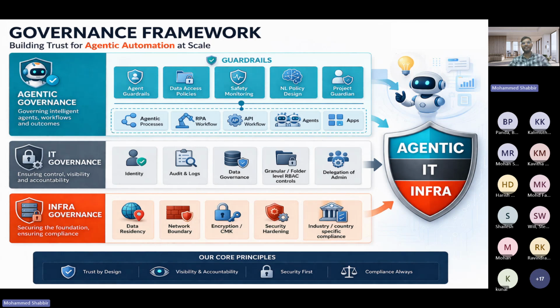Without it, all of your agents and traditional automation are ready to be compromised. So the more effort and investment you spend on this foundation, the more secure your environment, your organization, and your complete setup will be.